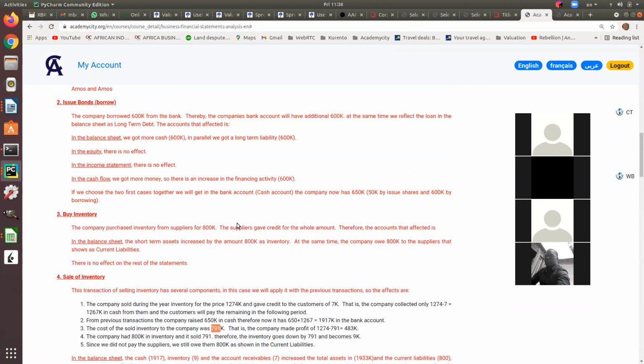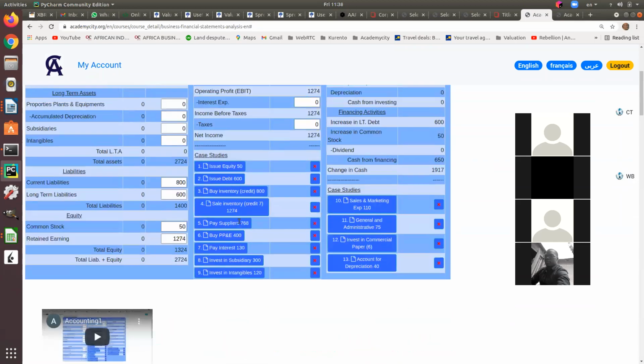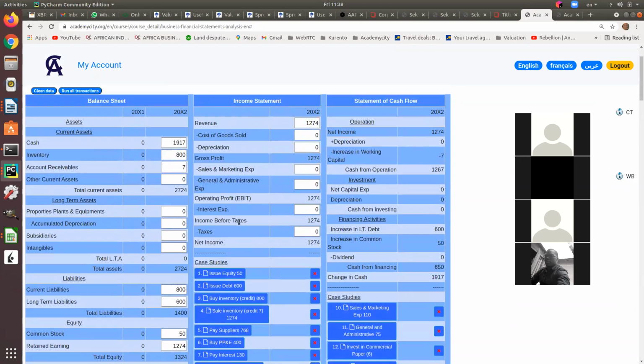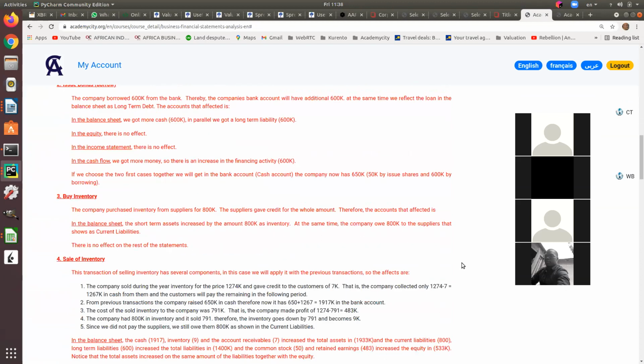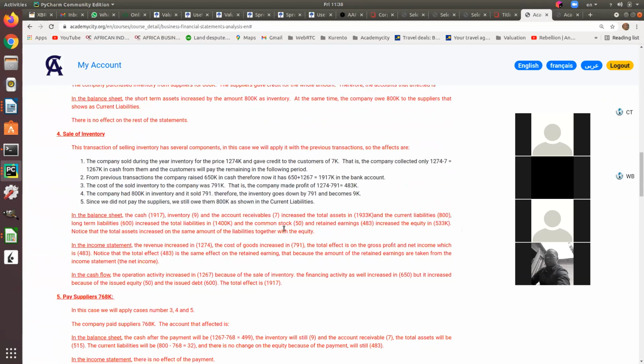I will repeat. So far, I had 800,000 shoes I bought from the supplier. I sold them to the customers, so I have much fewer shoes left. How much out of the 800 has left the store? The story tells me that the amount of shoes that left the store was worth 791.